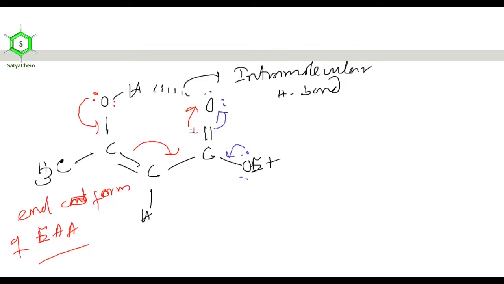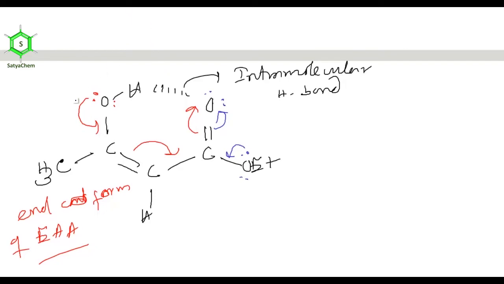Clear? So there are two types of resonance, and this concept is called cross conjugation. Actually, cross conjugation destabilizes the system to some extent.